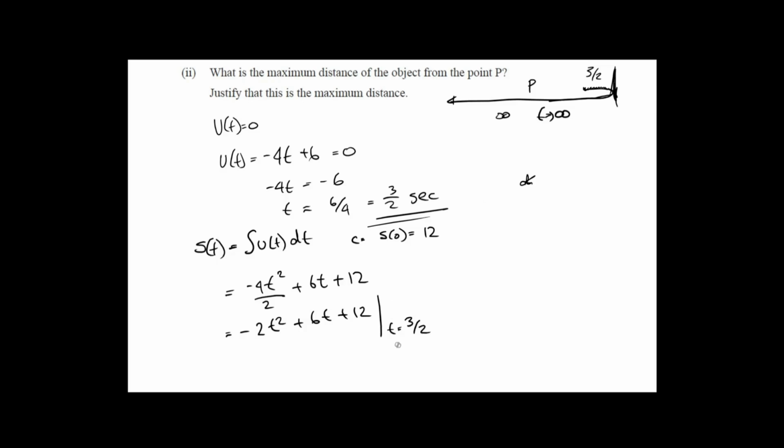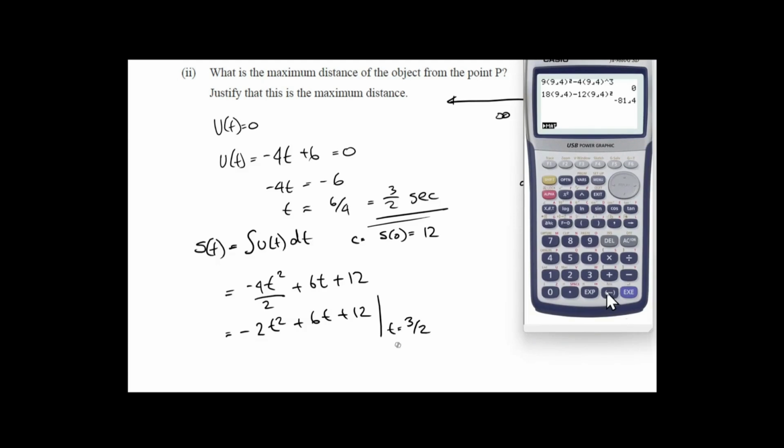And we grab our calculator for that. It's just too late at night for me to be bothered with that. Negative 2 times 3 over 2 squared plus 6 times 3 over 2 plus 12. Whoop, that should be 3 over 2, over 2 is better. 2t.